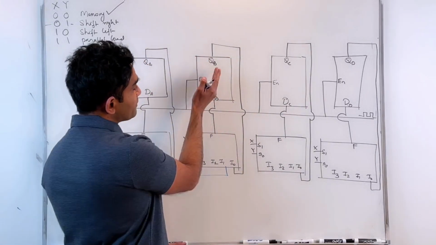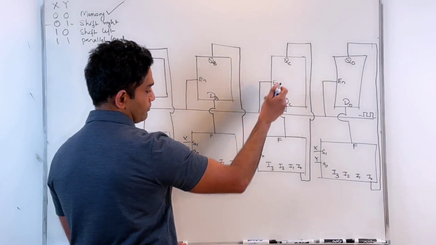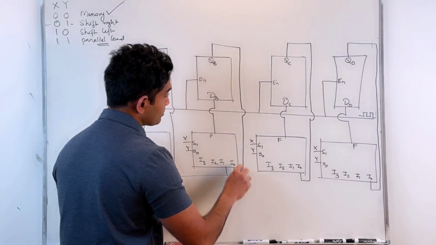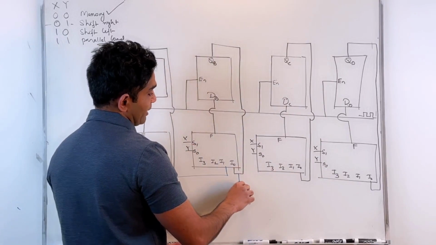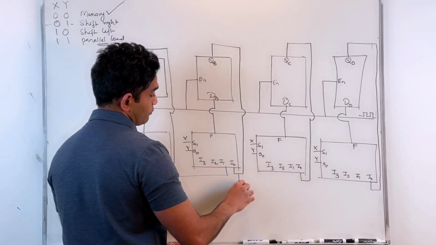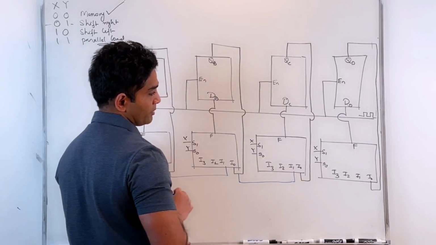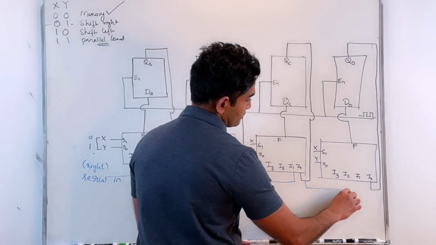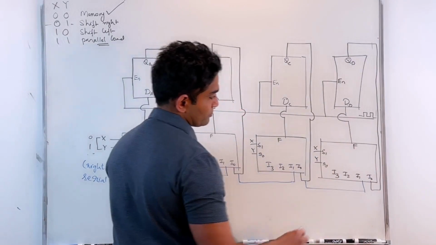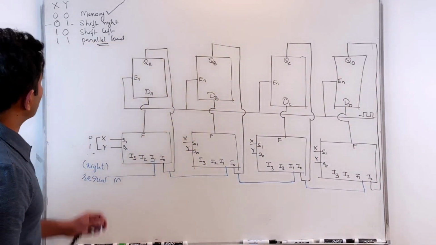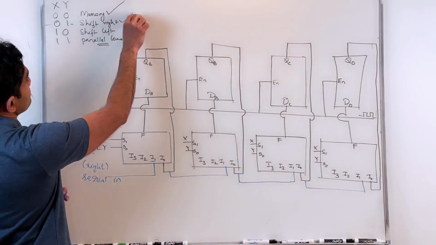Likewise, if I want to shift the value of this flip-flop into this flip-flop, I will connect the I0, which is basically the node value of that flip-flop, to I1 of this flip-flop. And likewise, there you go. Now I got the shift right operation.